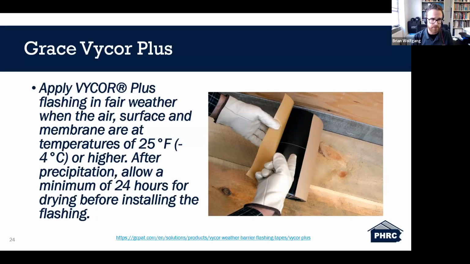So right here, Grace's manufacturer information is saying that the air, the surface, and the membrane are at temperatures of 25 degrees or higher. Now, certainly, it was close to that temperature this morning in our market, but you're going to see that 25 degrees reflected in a few different products that we're going to talk about today.